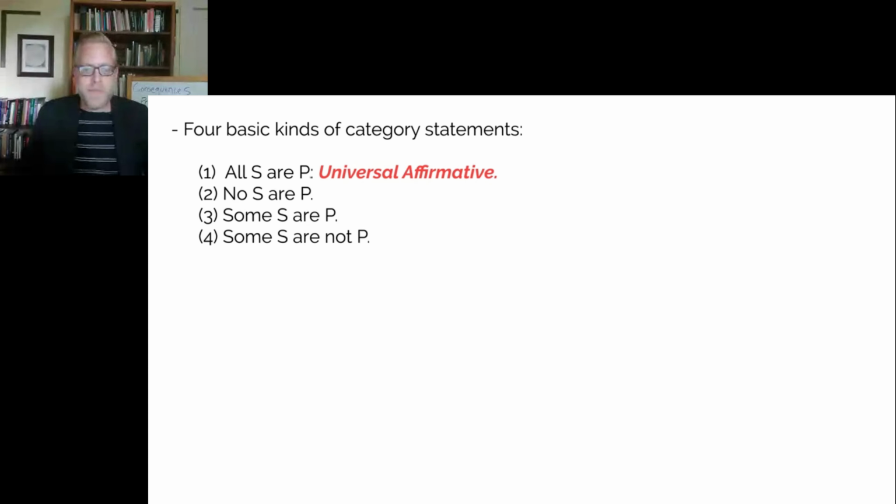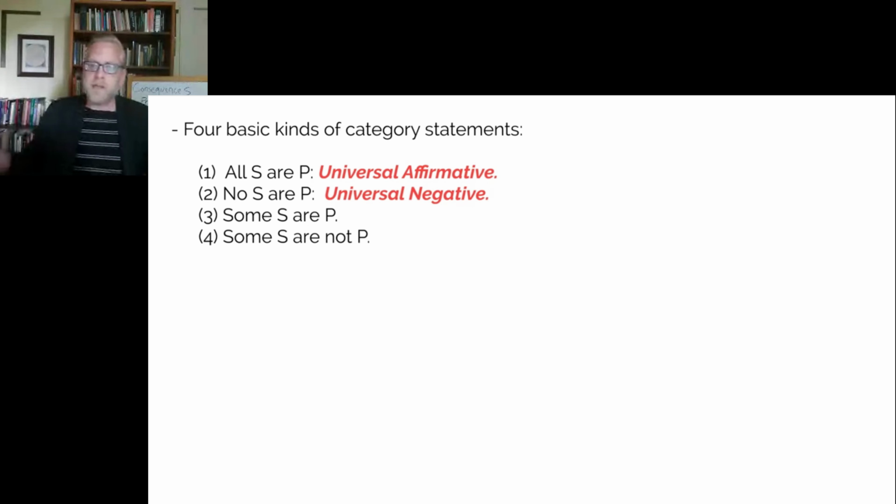And let's give them names. The first one, we're saying something affirmative and positive about all the members. It's a universal affirmative. We're saying all the members, yes, they have this truth about them; they also belong to this category, or they don't belong to that category. Whatever it is, we're talking about all of them in an affirmative, positive way. All S are P: all humans are warm-blooded creatures.